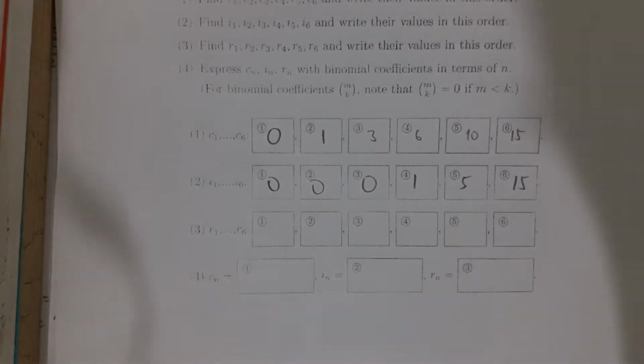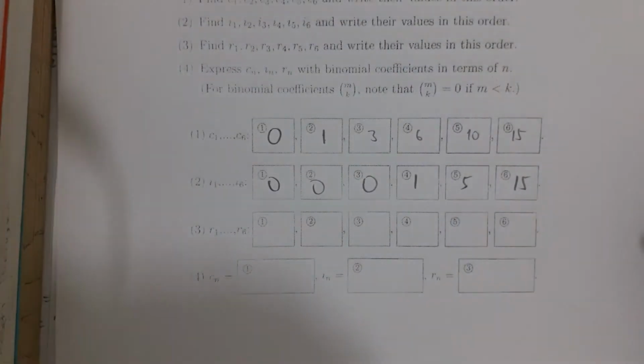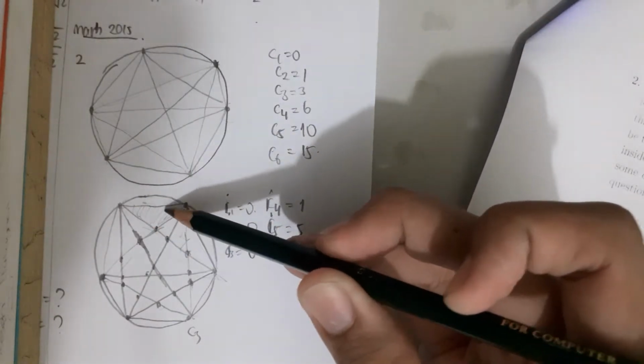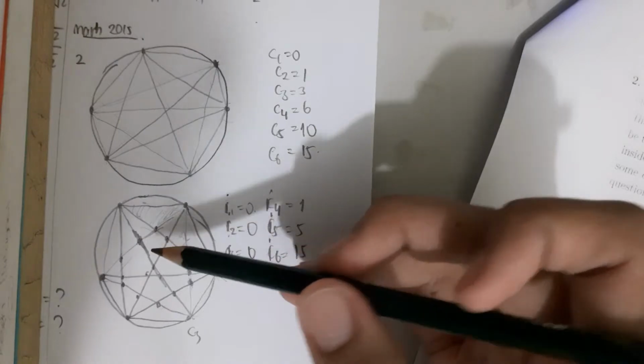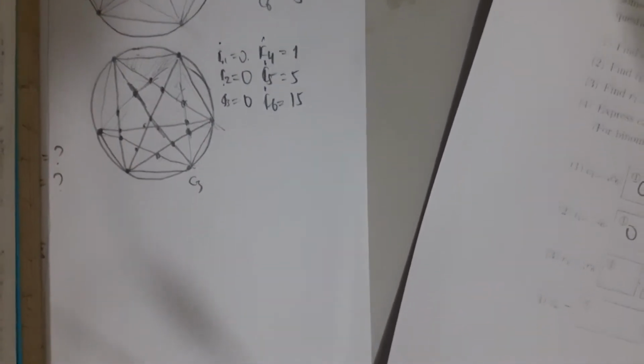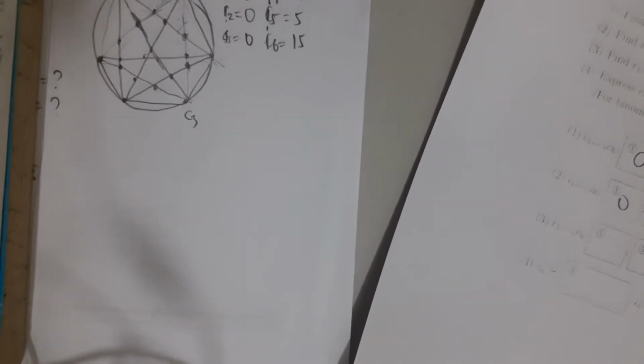And for problem 3, it's R. R is just a region that is covered by the chords or any line. So this is R, the region. This is 1 region, 2 regions, and so on. For that, we're going to draw another circle for our third problem.